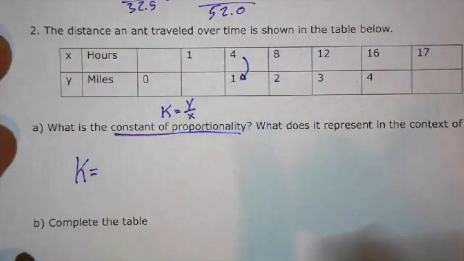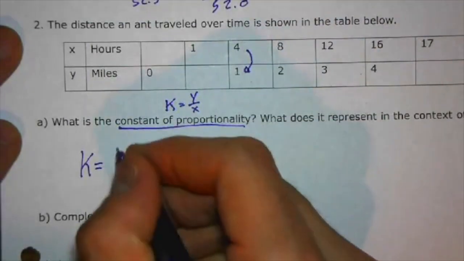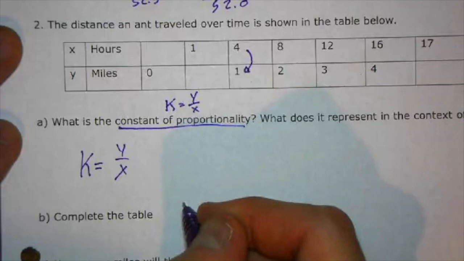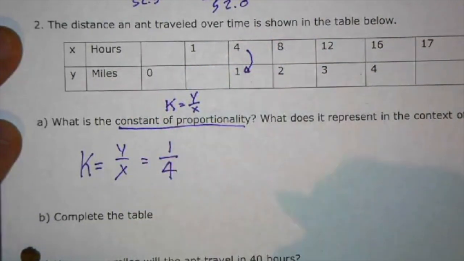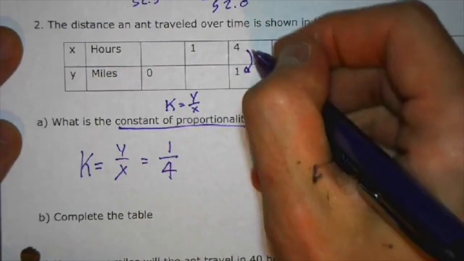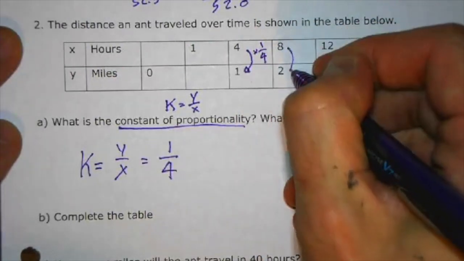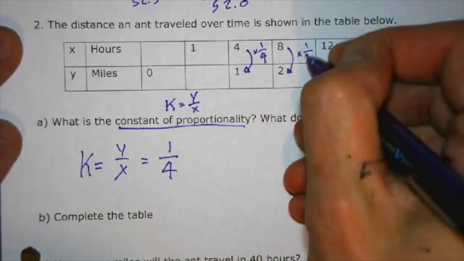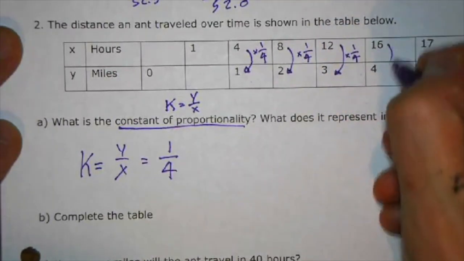So the constant of proportionality k is equal to, I'll just pick this one, y over x, which is 1 over 4. So it's not 4, it's 1/4. And that makes sense, because 4 times 1/4 is 1. 8 times 1/4 is 2. 12 times 1/4 is 3, and so on.